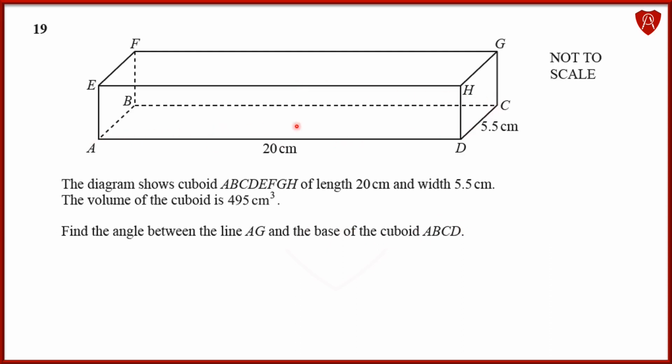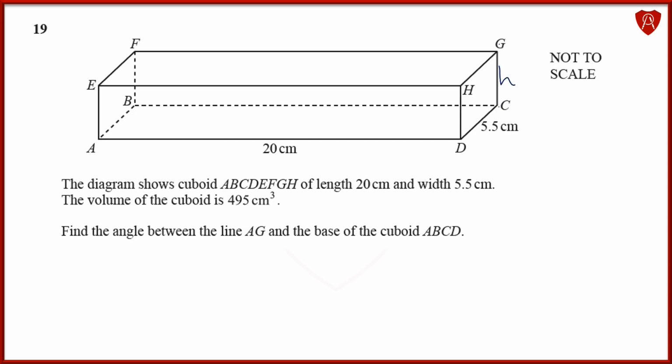So we need the diagonal to the base, and we need that line AG. We shall be required to find the angle between them. Part of our working will involve this line GC, the height of the cuboid.